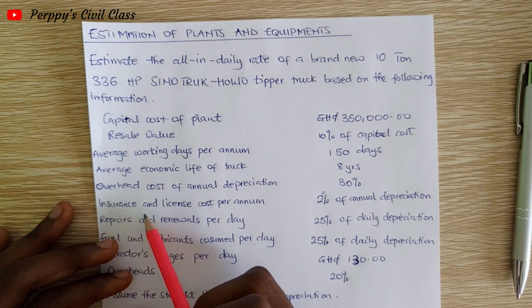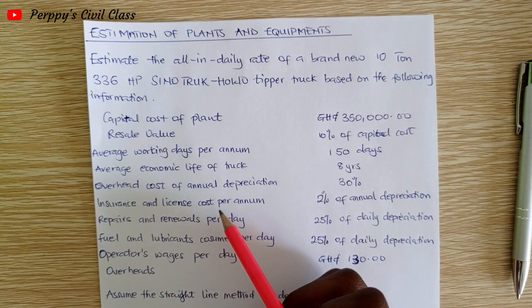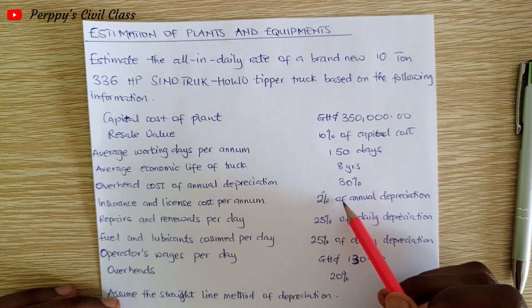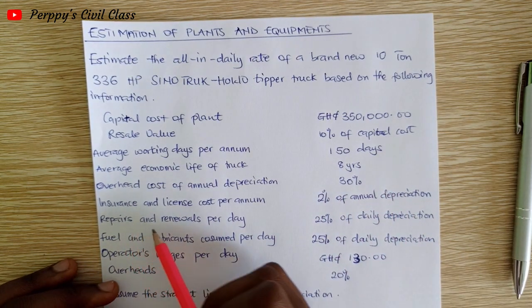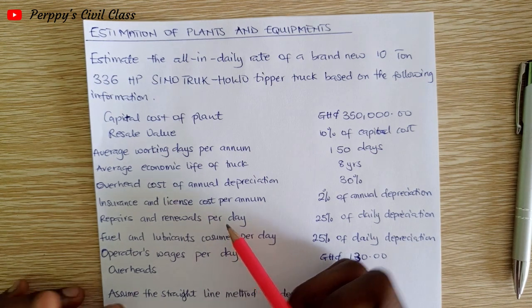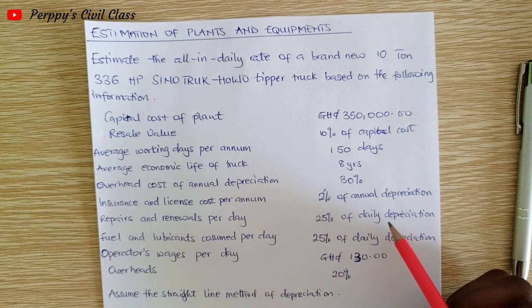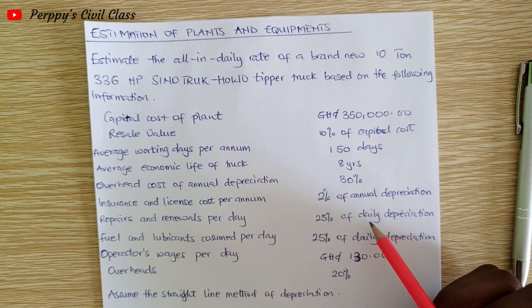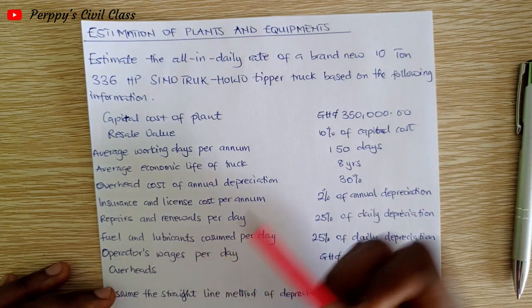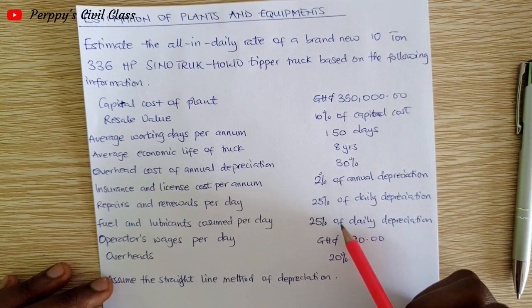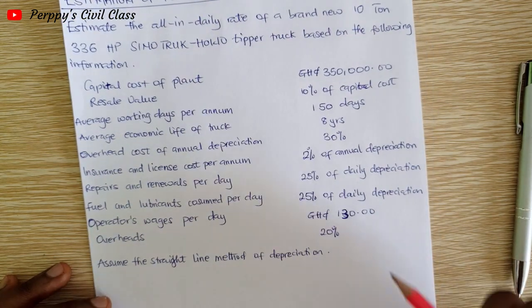The insurance and license cost per annum for the tipper truck is 2% of the annual depreciation. The repairs and renewals per day is 25% of the daily depreciation. The fuel and lubricant consumed per day is also 25% of the daily depreciation.